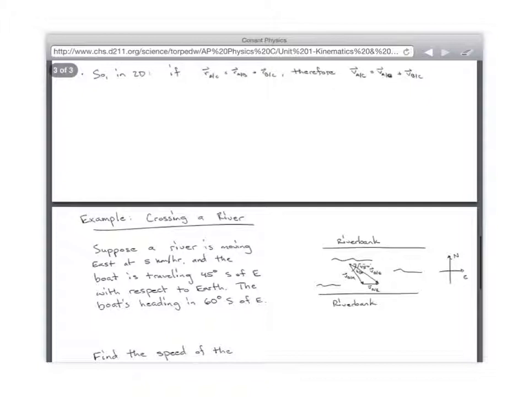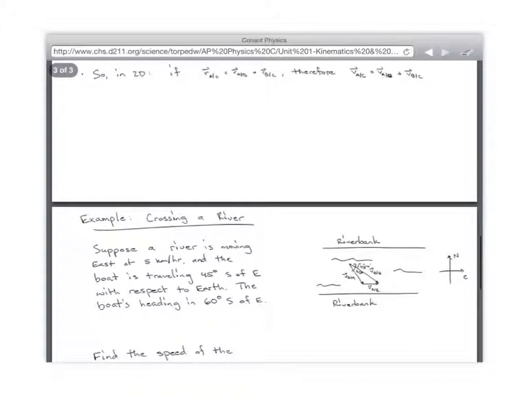Does that make sense? Say you had a different problem, and you point your boat straight across the river, but the river is flowing. Do you actually travel straight across the river with respect to the ground? No. What way do you travel? You travel a little downstream diagonally.